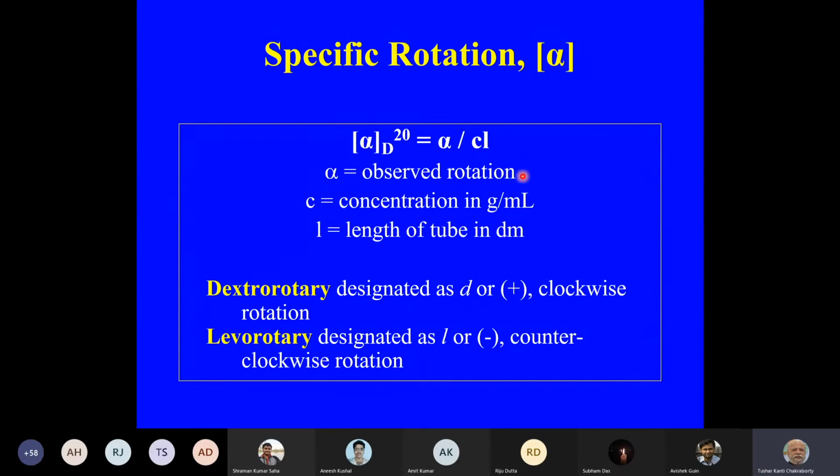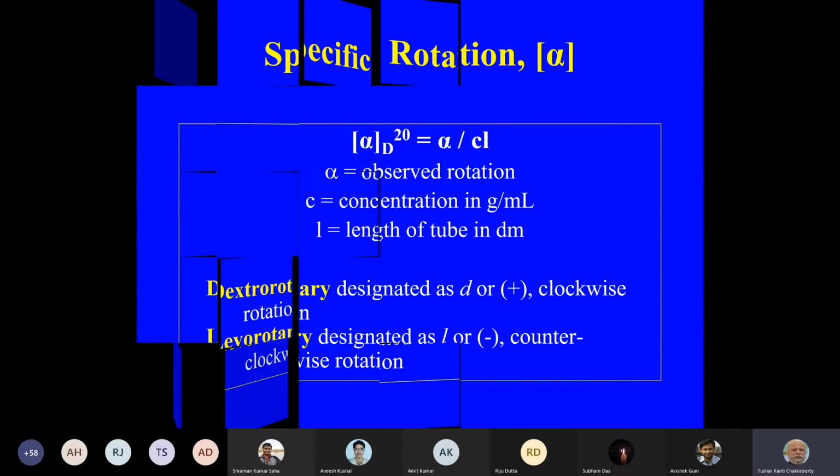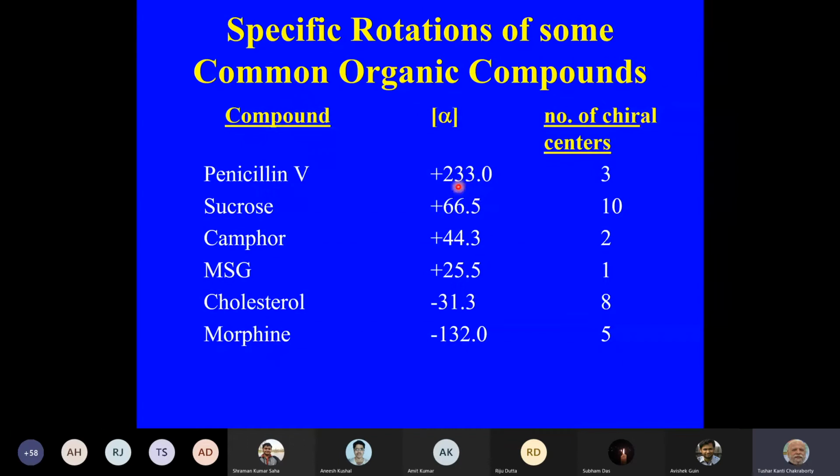So people have done this measurement over different concentration ranges and determined that this should be called positive, and for penicillin we do not call the specific rotation minus 127.